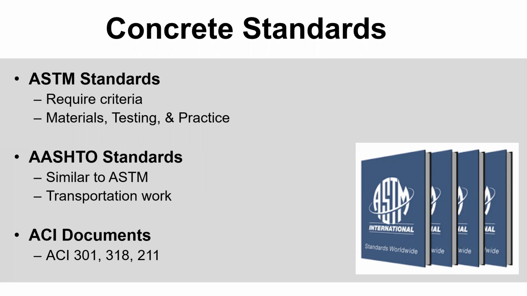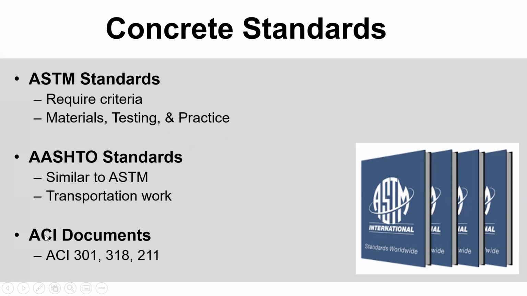ACI focuses more on building codes and things like 318, 301, or specifications for building with concrete. ASTM and AASHTO are not necessarily building codes, but more the standards for the materials, the testing or the practice.